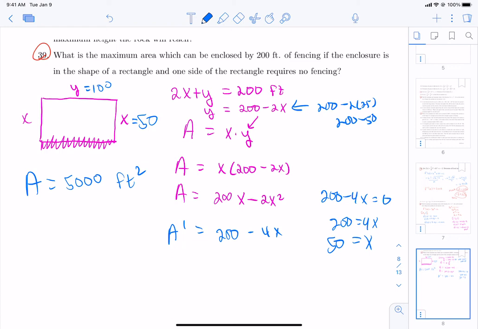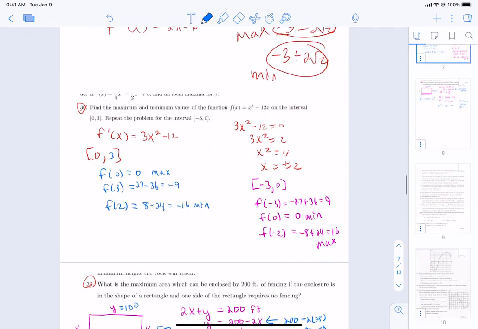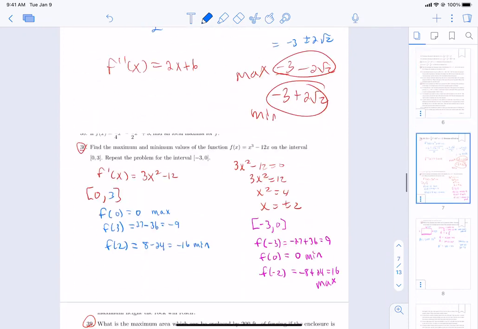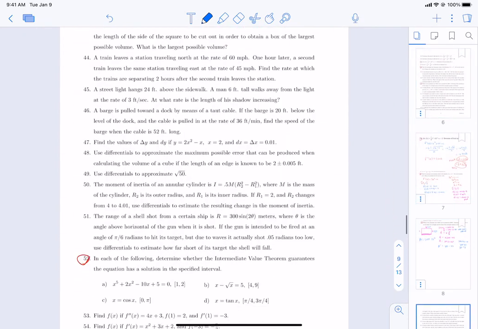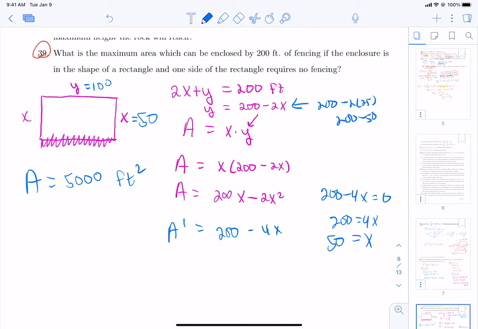Complex reads. So that is 39. Let's see where we left off. Okay. Go back to 30. Yeah. Let me give you a chance to copy that down. I have 6 left.